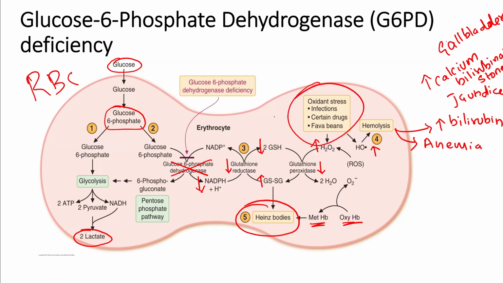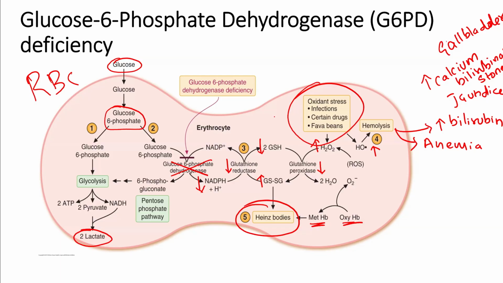As you see, oxidant stress. Whenever there is oxidative stress, there is an increase in free radicals in our body, and we should have sufficient GSH to fight against them. That means we should have the pentose phosphate pathway running properly. Oxidant stress can be because of infections, certain drugs, or consumption of fava beans.